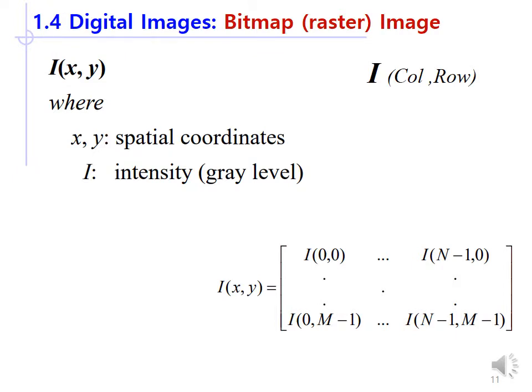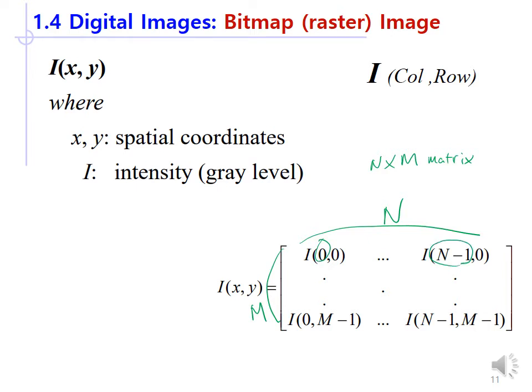Thus the digital image is expressed as the intensity array I(x, y), where x is the column number and y is the row number. So for an n by m matrix, the column number starts from 0 to n minus 1.